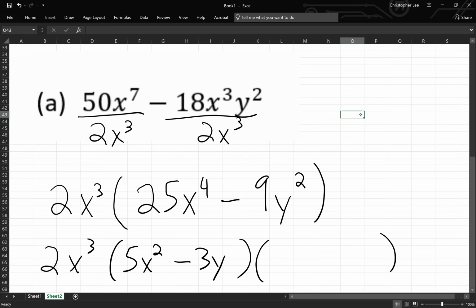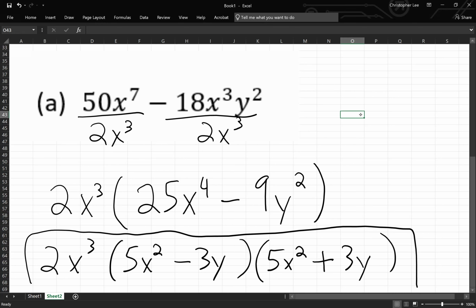And what else? 5x squared plus 3y. One is a minus, one is a plus. So this is called the difference of two perfect squares. So I want to break them apart, one with a plus, one with a minus, and then that's it. So this would be my final answer right here. Questions on that, anybody?